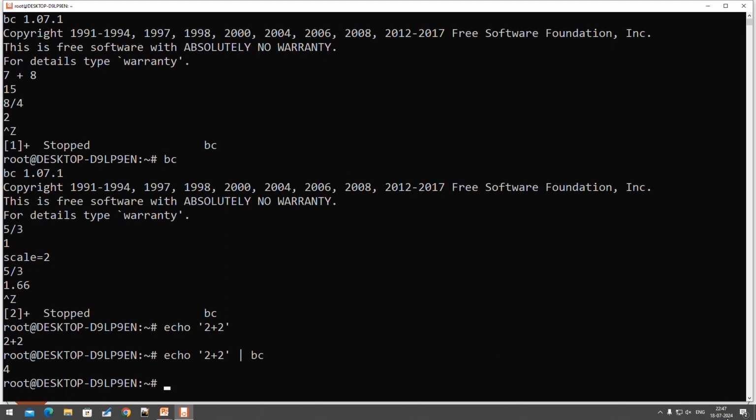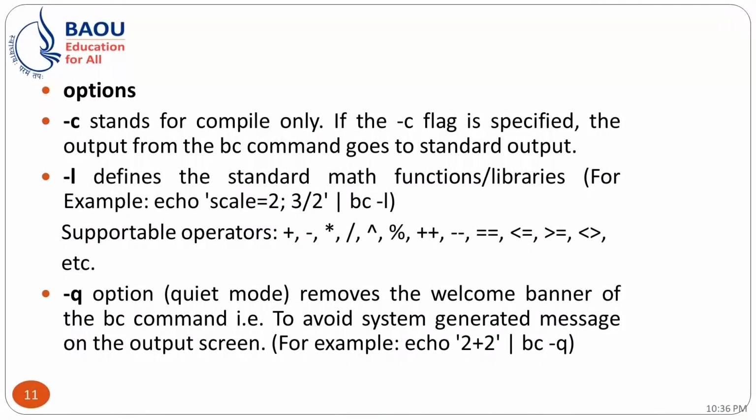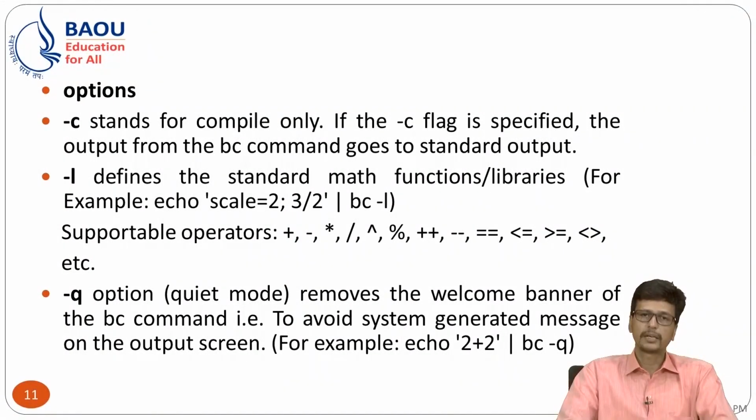Previously, without using bc, the output was the message 2 plus 2, which was considered a string, not an arithmetic operation, right? Now you can see these are the different operators or operations that can be supported by the bc command. Now -q, that is the quiet option.